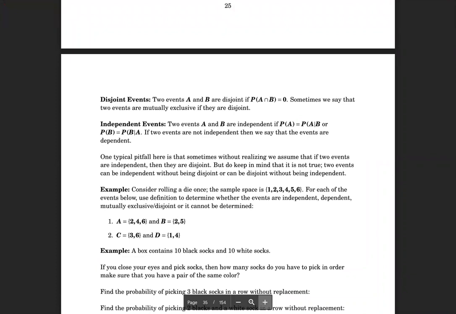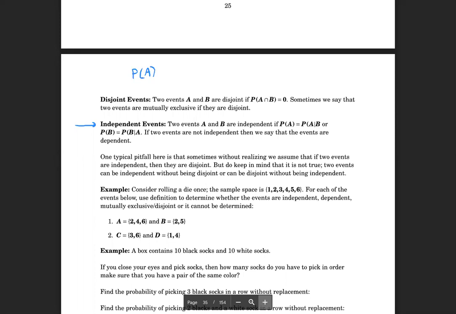Here is a typo that I want to address in the homework. Two events are independent. There is a question in the homework that asks you, what is the definition for two events being independent? I just talked about it.